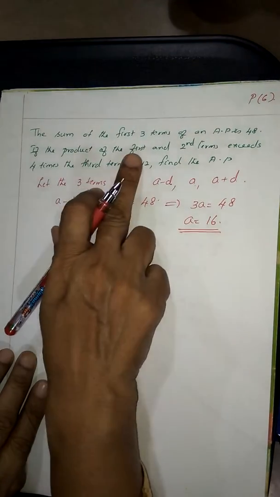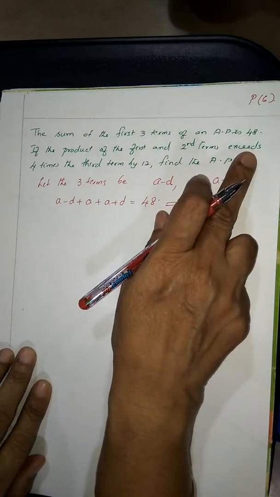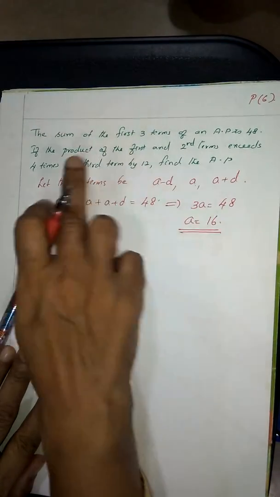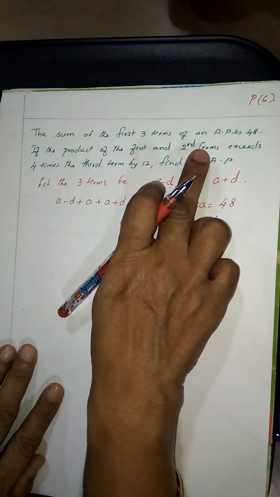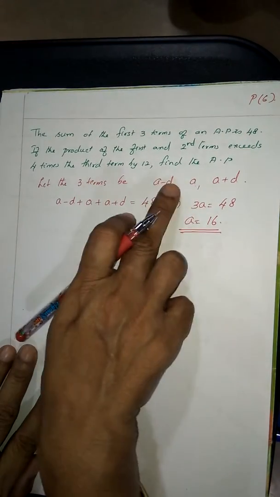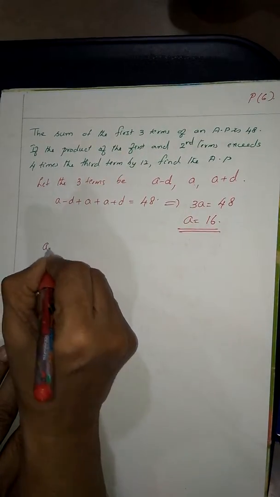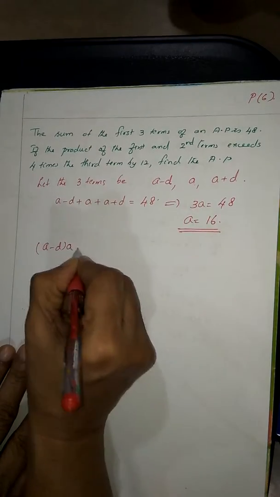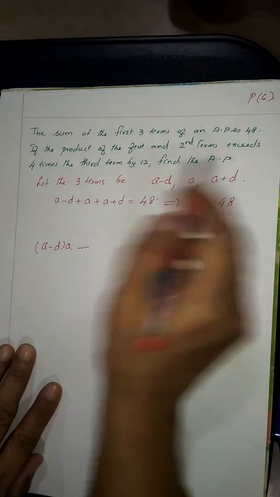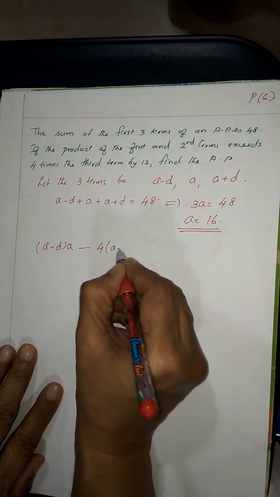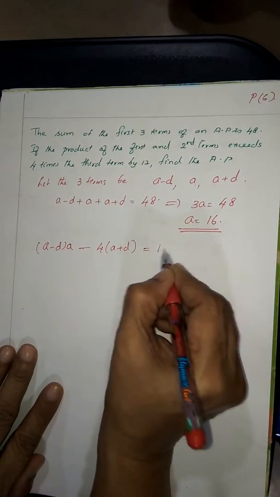Now if the product of the first and the second term exceeds 4 times the third term by 12, find the AP. The product of the first and the second term: the first and second terms are A minus D into A. Exceeds, that means that it is bigger. So (A minus D) into A minus 4 times the third term, so 4 into (A plus D), is equal to 12.